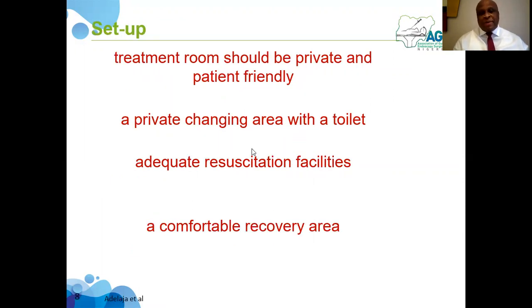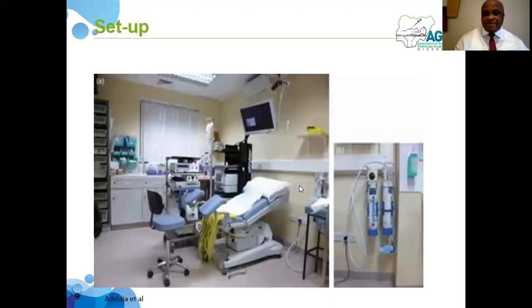To make this much more palatable for the patients, the setup has to be very spot on. Your treatment room should be private and patient-friendly. There should be a private changing room with ideally a toilet. There should be a comfortable recovery area and facilities for resuscitation in the occasional cases of vasovagal syncope.